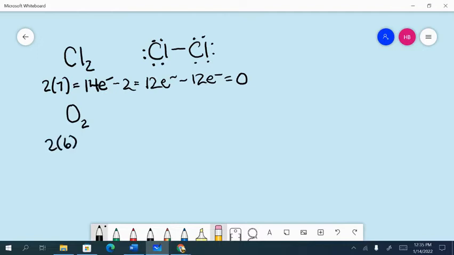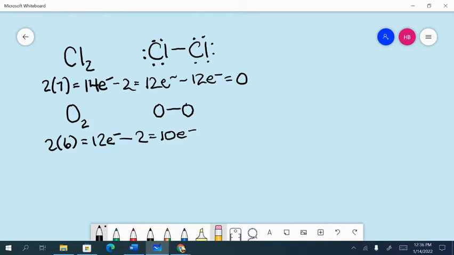Now let's go to a situation where something else is going on. Each oxygen has 6 valence electrons. So I'm going to have to represent 12 electrons. Now oxygen has 6 electrons, so it is notorious for forming double bonds. Notice I only have 10 electrons left. If I split them up, it'll be 5 electrons each, and they're not going to be paired up.